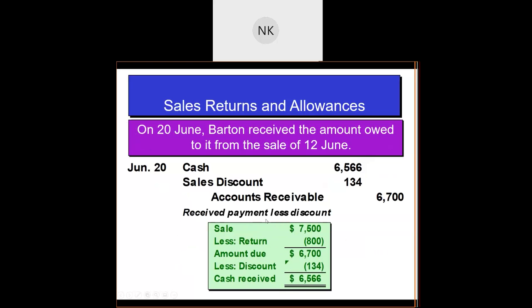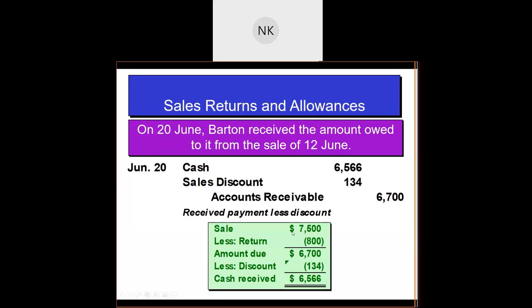Okay. So, like I said, in terms of the amount of cash that they pay, when they pay within 10 days, they get the discount. So the discount must be based on the amount that you already minus the return, which is 6,700, not 7,500.